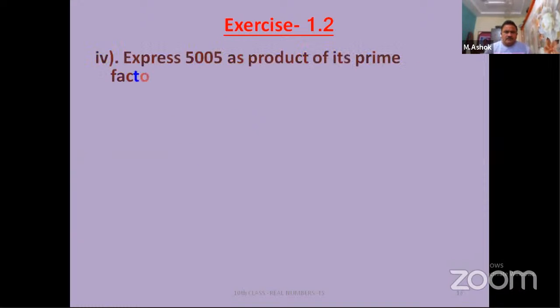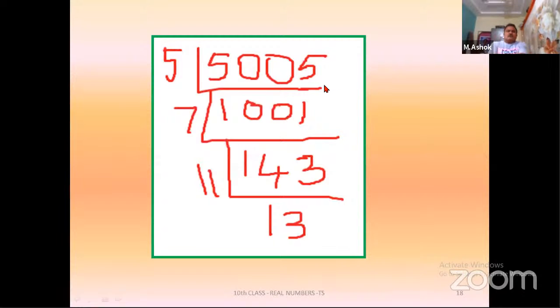Next, we will solve the fourth sum. Express 5005 as a product of its prime factors. Okay, 5005. So do like this. 5 1s are 5, 0, 0, 5 1s are 5.